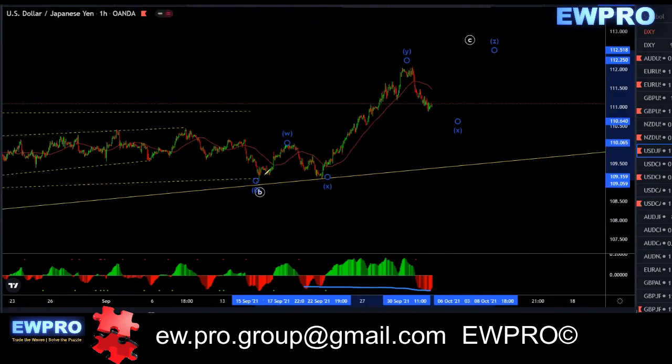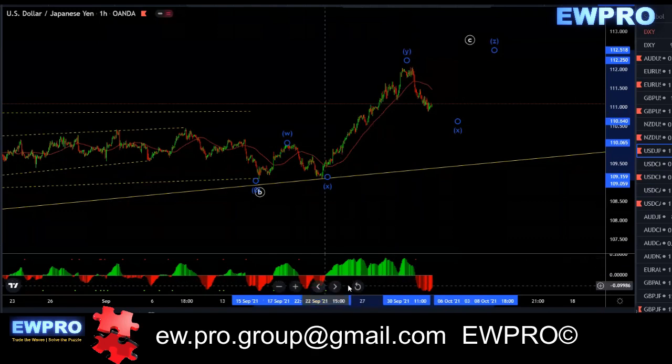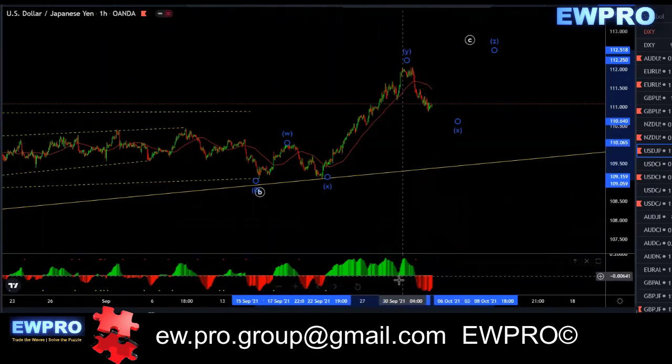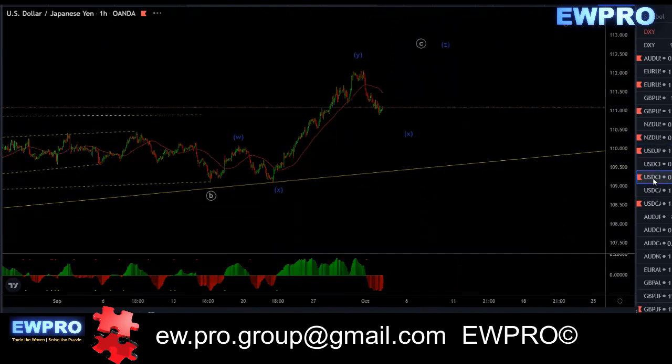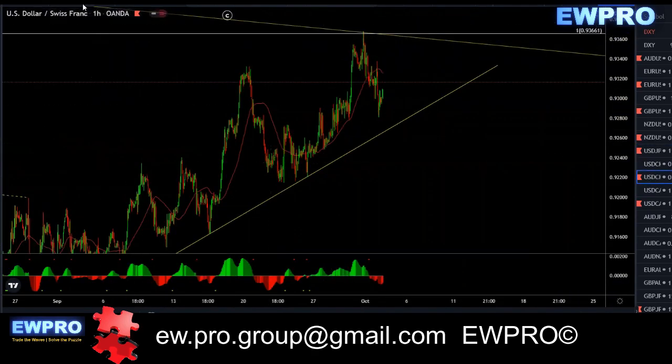So we're looking at W, X, Y, X2, and then you could look for that Z up on the H1, and then you could look for the sell. But I dare say we'll get another higher high here. We're getting that possible bull hidden, so we may get that Z up.